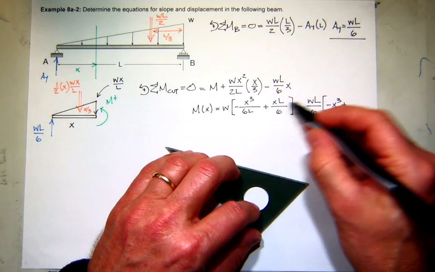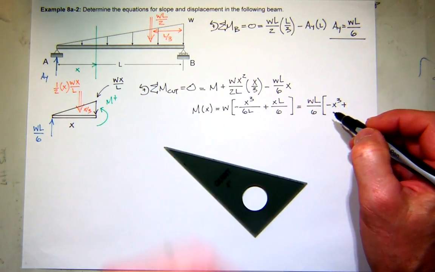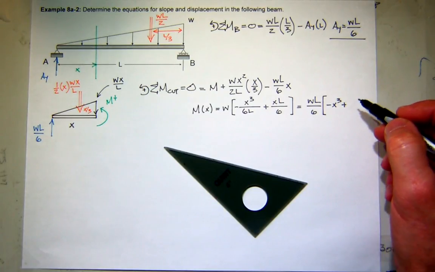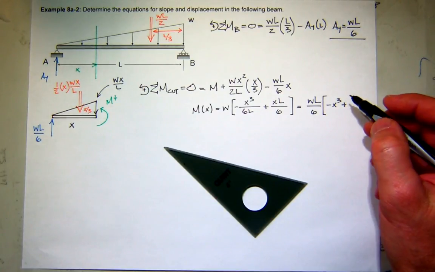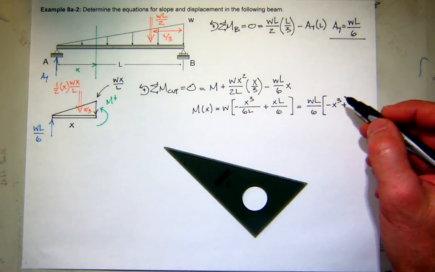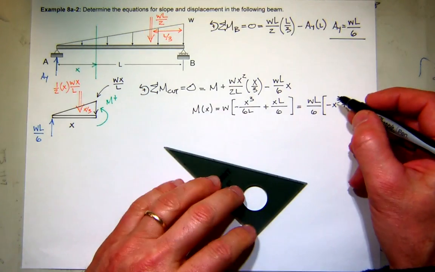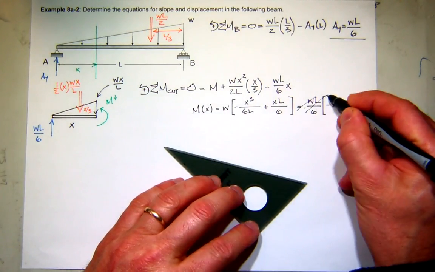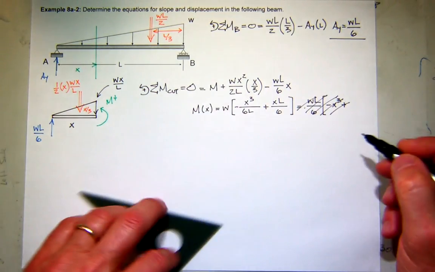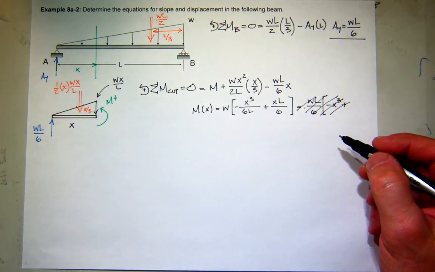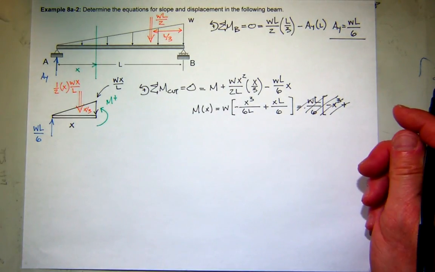And then when I pull that out, I did that wrong, didn't I? Yeah, I did that wrong. I should have divided by L. I messed up. You know what? Let's just leave it like that right now. I'll just scratch that out. There's no erase, unfortunately, here. That's good enough.